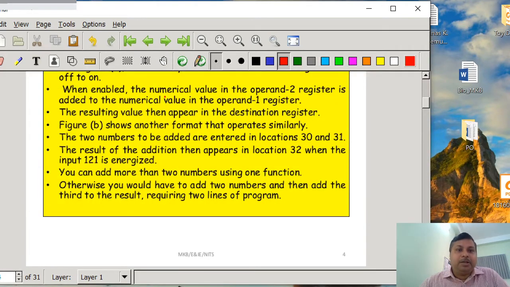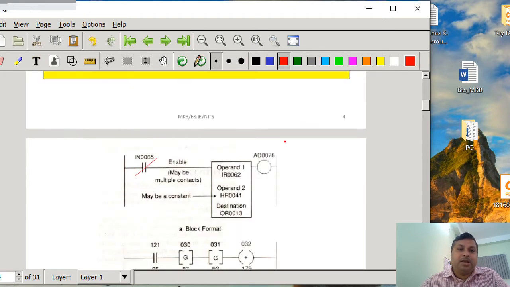When enabled, the numerical value in the operand 2 register is added to the numerical value in the operand 1 register. The resulting value then appears in the destination register. So the content of HR0041, which is operand 2, will be added to the content of IR0062, which is operand 1, and the result will be stored in OR0013, which is the destination.